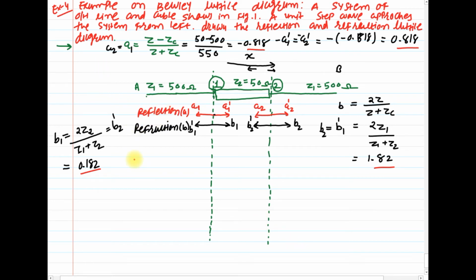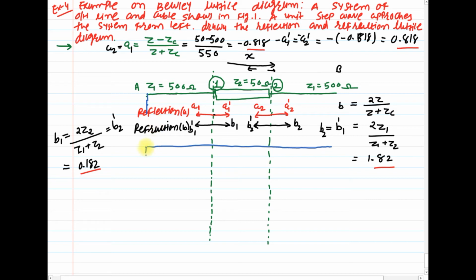Now just draw the reflection and refraction coefficient in this transmission line. So let us draw. Let me remind you once again, this horizontal line shows the distance of the transmission line.